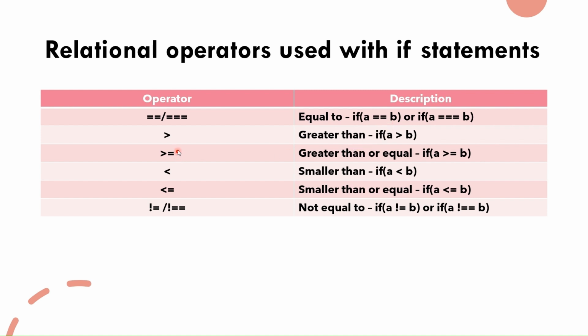Now we have the greater than sign. If a greater than b, we have greater than or equal. If a is greater than or equal. We have smaller than. If a is smaller than b, we have smaller than or equal. If a is smaller than or equal b, we have another example here, not equal to.